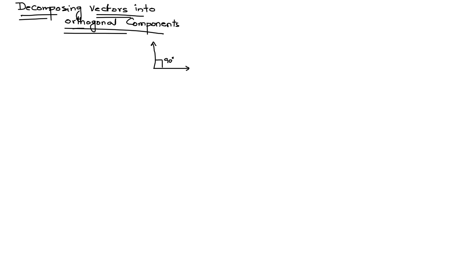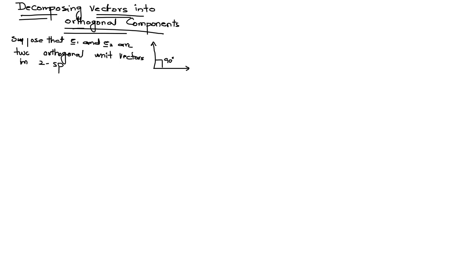So for example, suppose that e1 is one vector and e2 is the second vector, and they are two orthogonal unit vectors in two space.